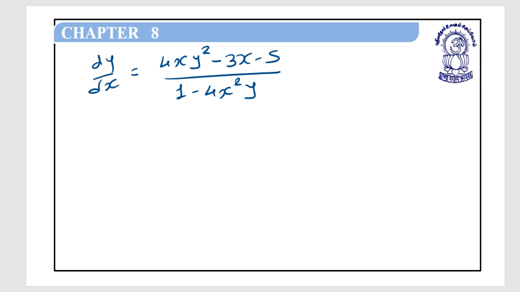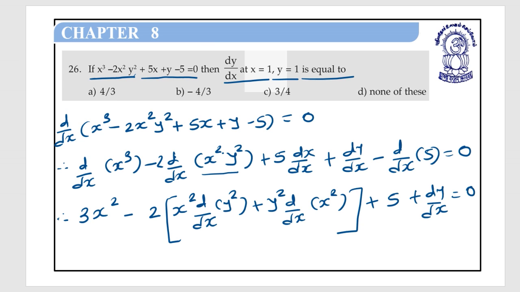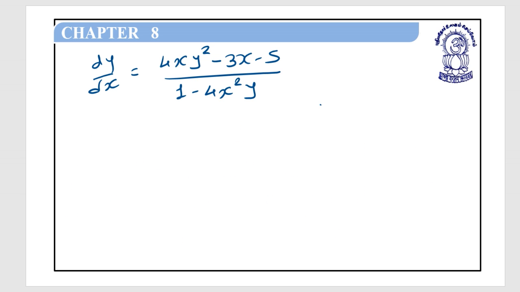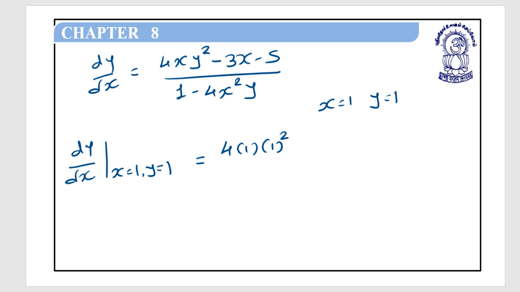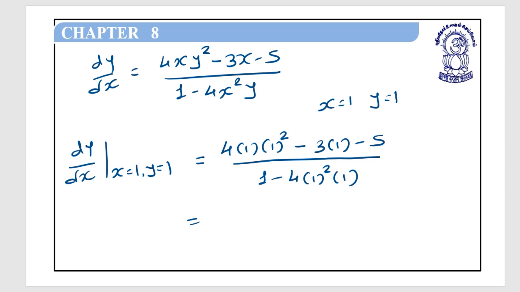So here put x is equal to 1 and y is equal to 1. So dy by dx at x is equal to 1, y is equal to 1 is 4 into 1 into 1 square minus 3 into 1 minus 5 upon 1 minus 4 into 1 square into 1. 4 minus 3 minus 5, 1 minus 4.